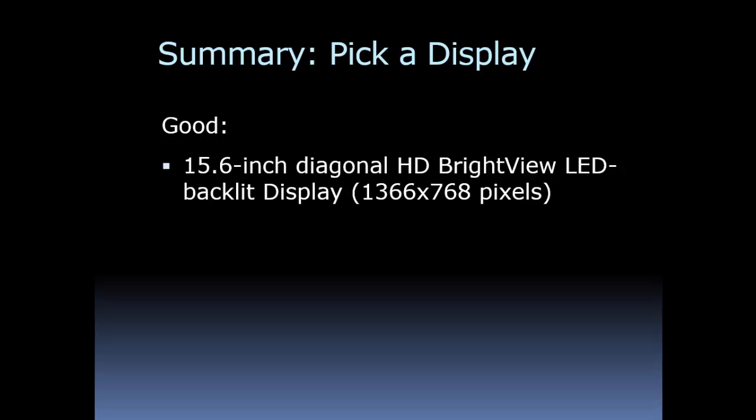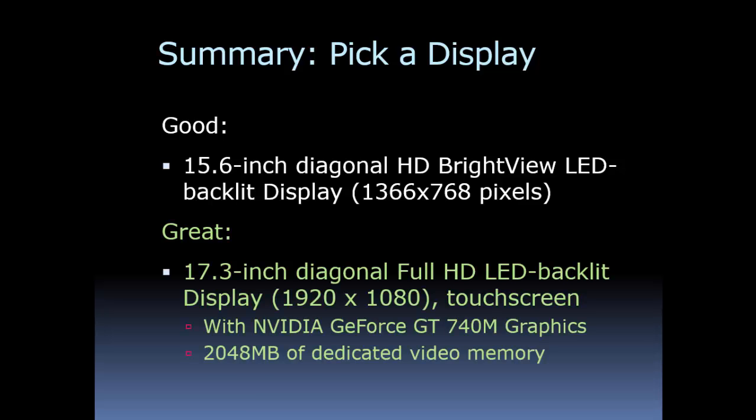The resolution is typically maybe 1366 by 768, meaning 1366 pixels along the horizontal dimension and 768 along the vertical, which is not that great. The dot pitch for this kind of display is going to be about the typical 72 or 75 dpi.